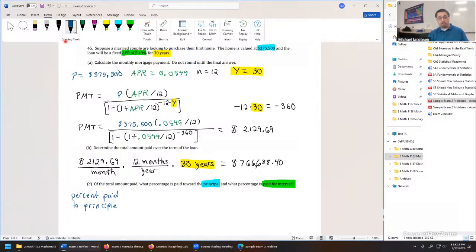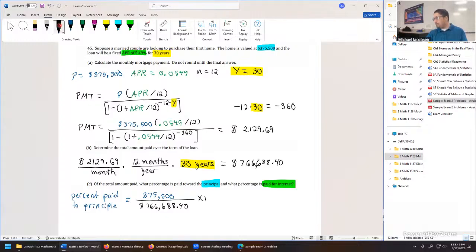You don't have to write down that whole statement, but indicate some way, somehow, which number is the principal and which number is the interest for full credit. This is going to be: take the total payment in Part B, 766,688, 40 cents. That's dividing into the principal, 375,500.